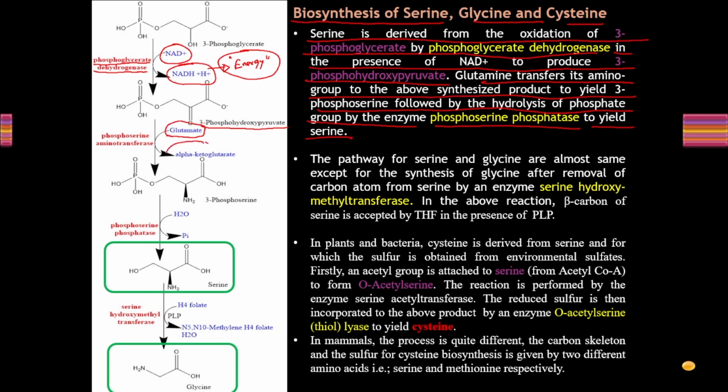Glutamate is converted into alpha-ketoglutarate, and it transfers the amino group to the molecule, and as a result it forms 3-phosphoserine. This reaction is catalyzed by an enzyme called phosphoserine aminotransferase.